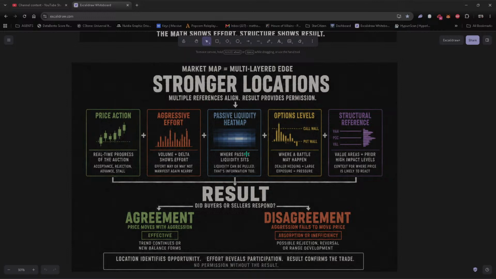Passive heat map. We might buy some type of software that allows us to see where resting orders are or where they were in the past. Options levels. If you don't know anything about it, I'm learning. They're important because there's more volume in options traded than futures and the stock market combined every day, by a large number, 3-1.